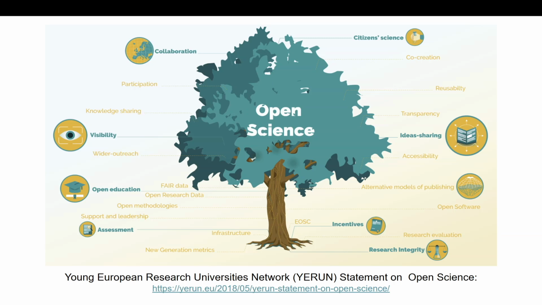So a lot of organizations have proposed different sort of roadmaps or statements on open science and what that involves. So not every organization's view of this is going to be the same. But I'm using the Young European Research Universities Network statement on open science at the link below.